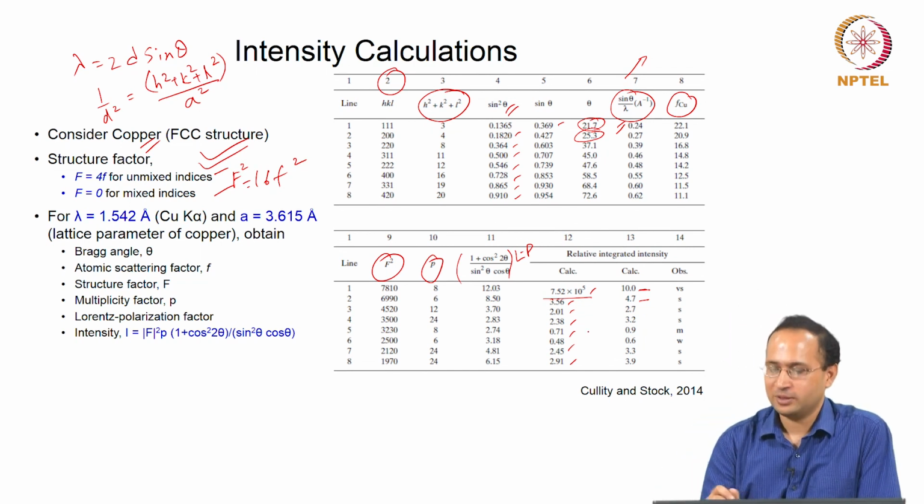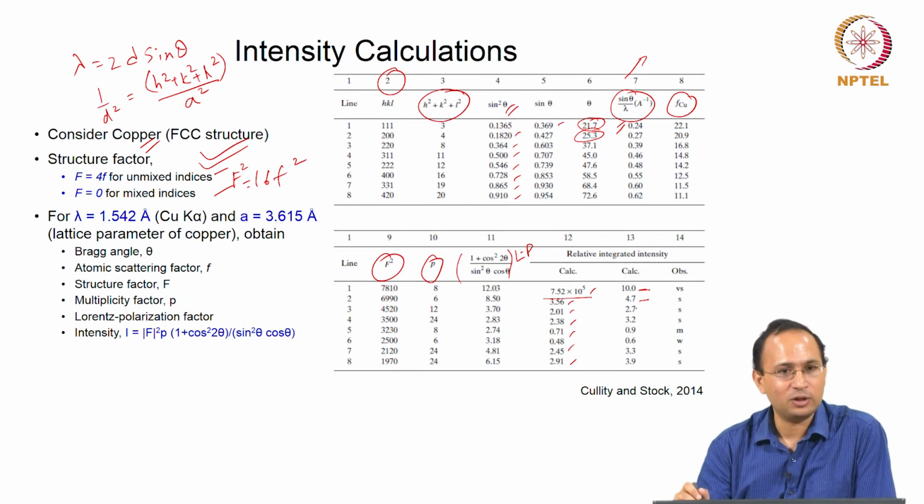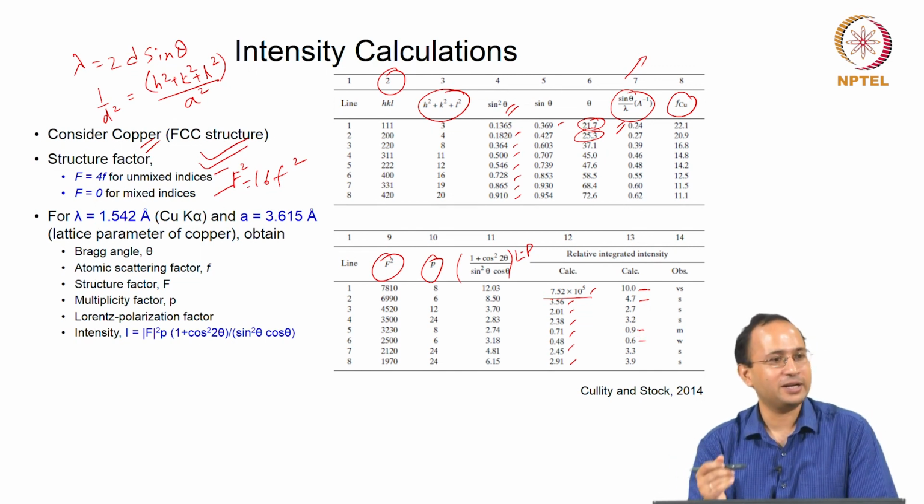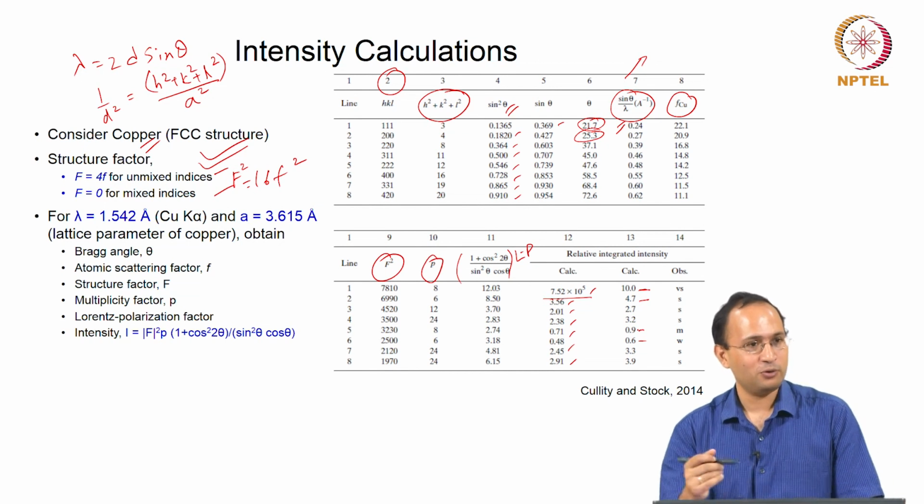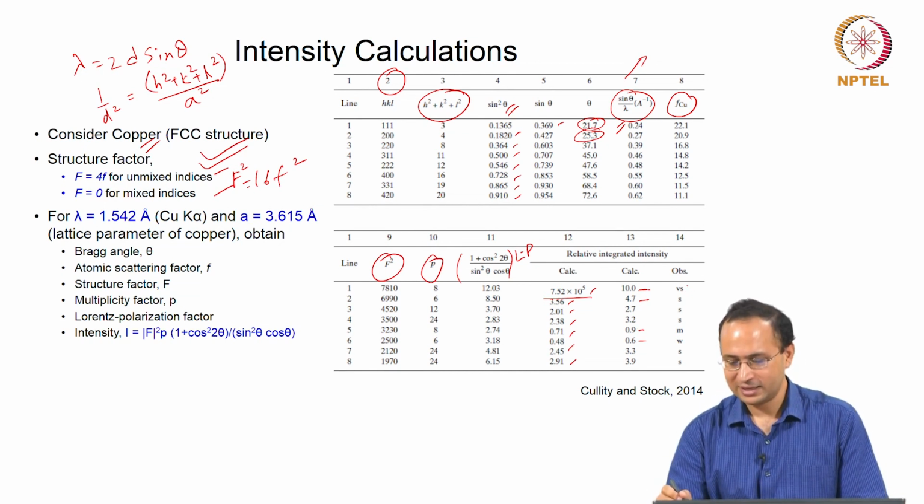What does it tell you now? If you see the intensities of all these lines, which one is the strongest line? Line 1, because then comes line 2, at least from these calculations. Then you have very low intensities also, 0.9, 0.6 for example. So, this is the calculated intensity. Now, if you look at the observed pattern, what does it tell you? VS means very strong. Doesn't it match?